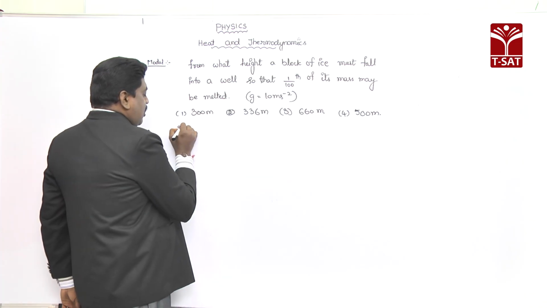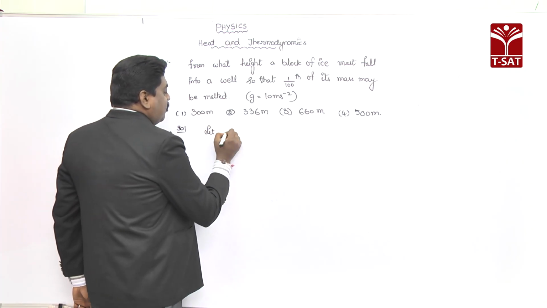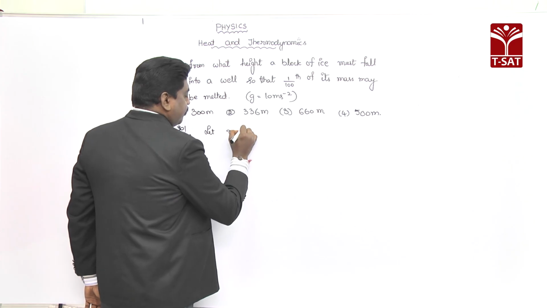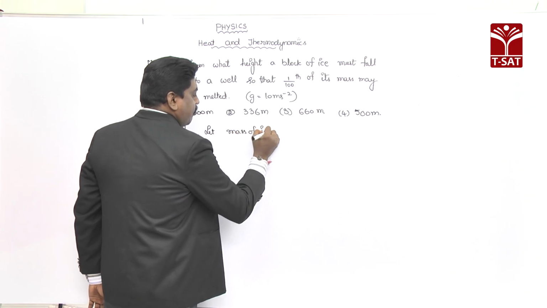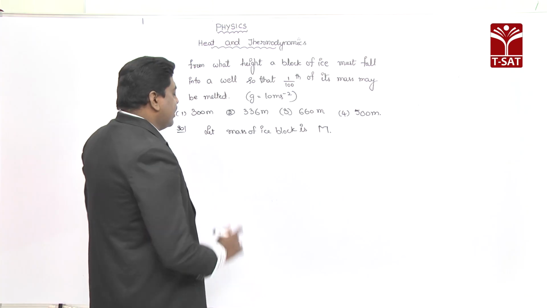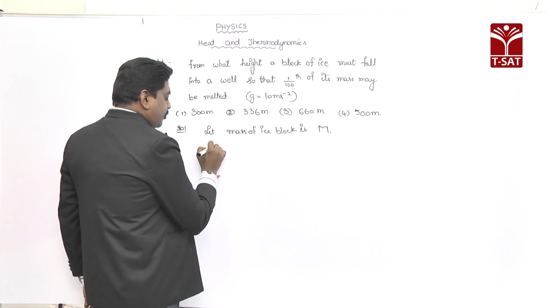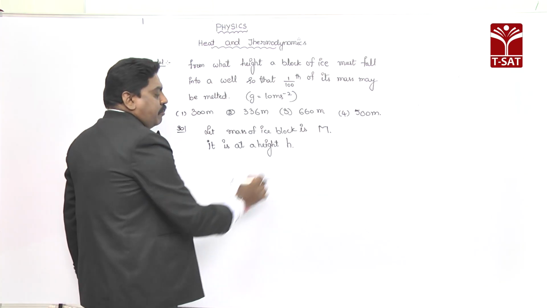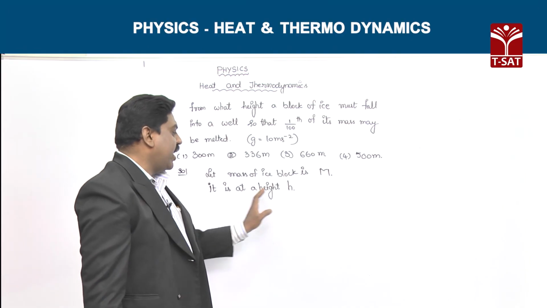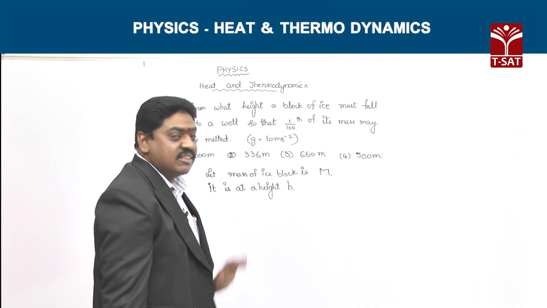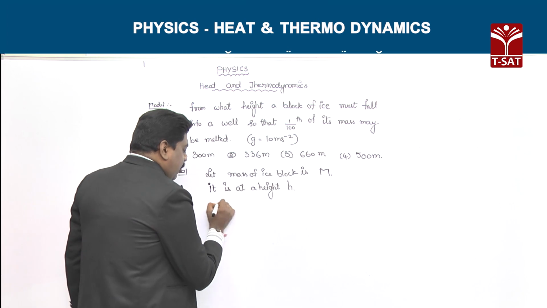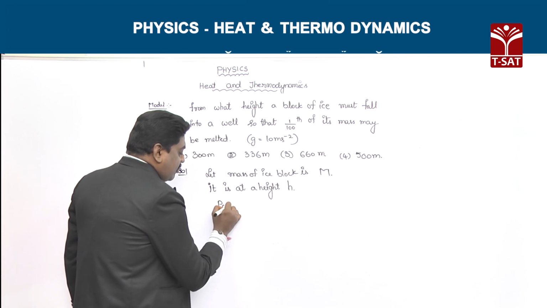Let the mass of the ice block be M. This ice block is at height h. Due to the presence of the block at height h, it possesses some potential energy. The potential energy of the block is mgh.